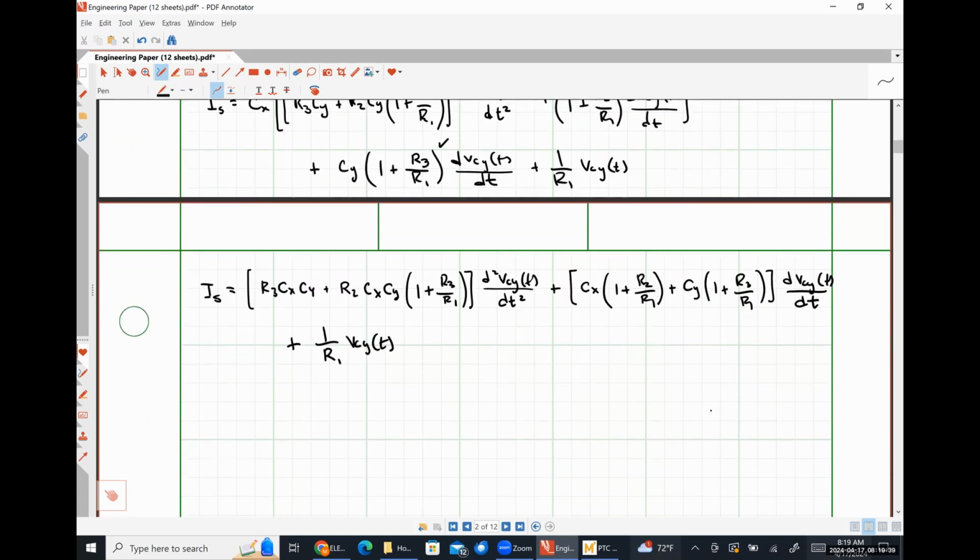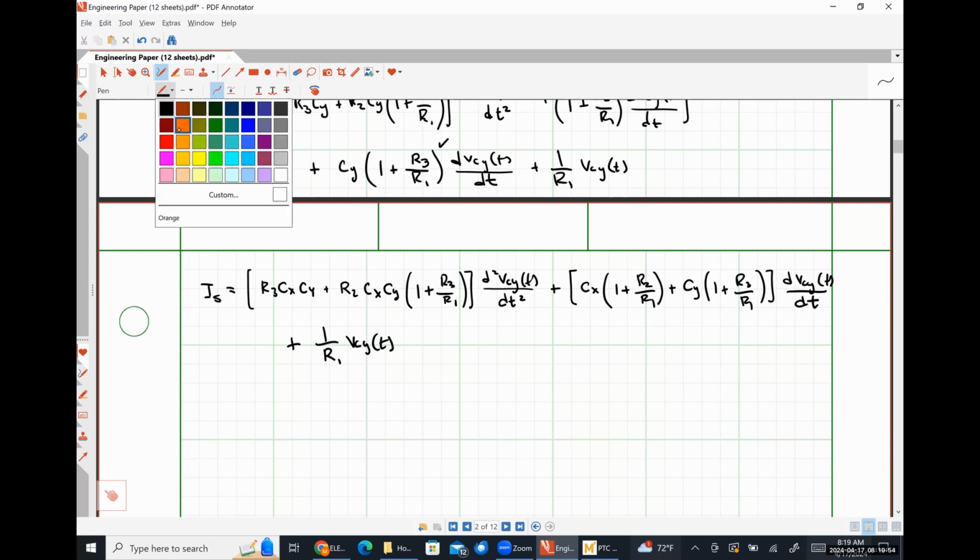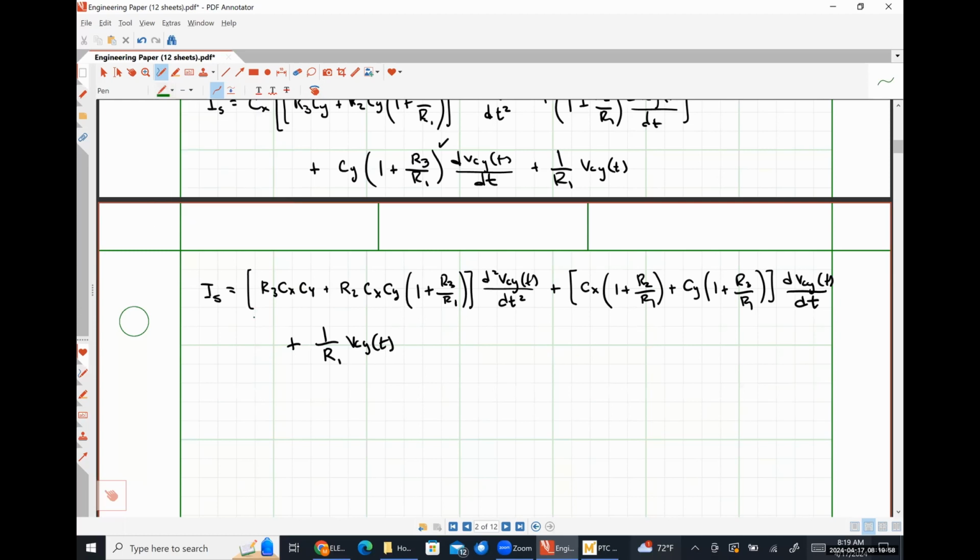And I have a second order differential equation. Because I don't want to rewrite all of this noise right here, I'm just going to throw some labels on things really quickly. Okay. So let's call this thing right here lowercase a.